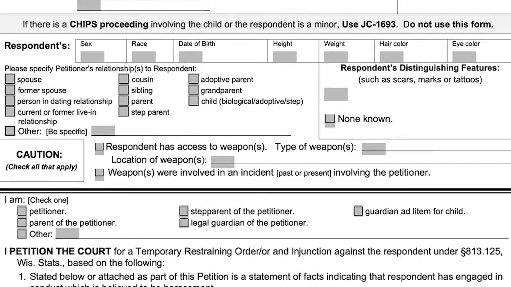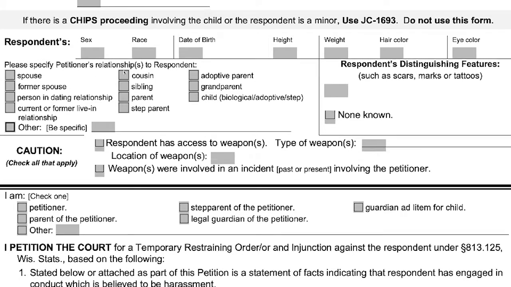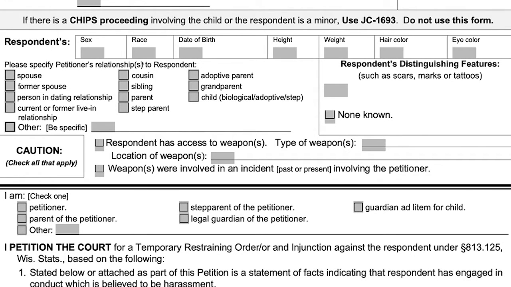Next, they're going to ask you what the petitioner's relationship is to the respondent. So how do you know this person that you're asking for protection from? And they give you a whole bunch of options like spouse, current live-in relationship, grandparent, even child.